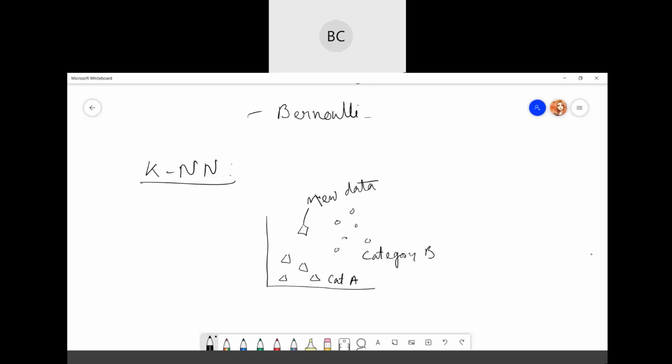Using the K parameter. Parameter what? K value. Okay. So you first find the K value. What is K? You said find K. What is K?